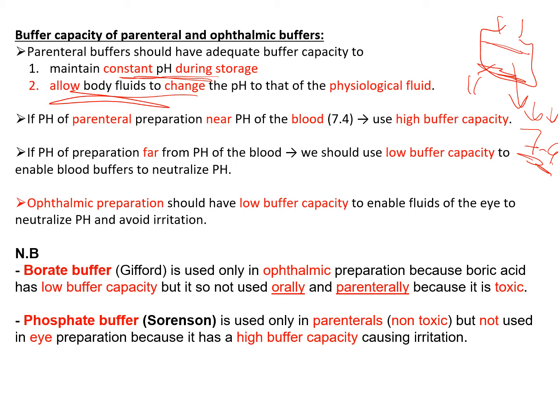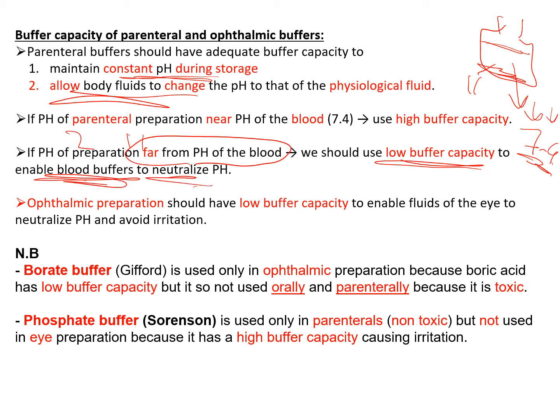So, if the pH of our preparation is far from the pH of the blood, we should not use very high buffer capacity. Because if pH is 11 or 2, away from 7.4, we should use low buffer capacity. Okay, we are using buffer with buffer capacity to maintain it stable outside the body, but after injection, we need to enable the body fluid to neutralize the pH.